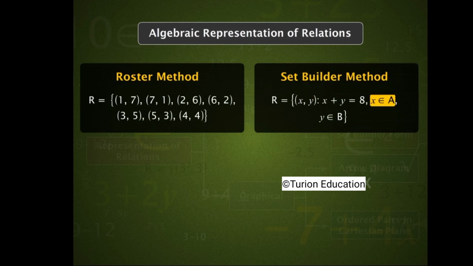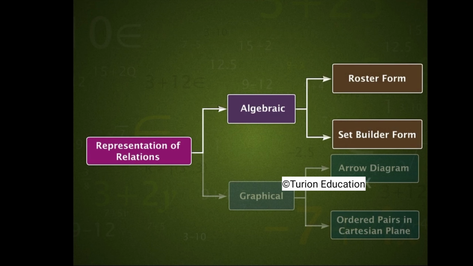Here x belongs to set A and y belongs to set B. If a relation is given in any one algebraic form, we can easily convert it to the other form. Let's look further into this with an example.